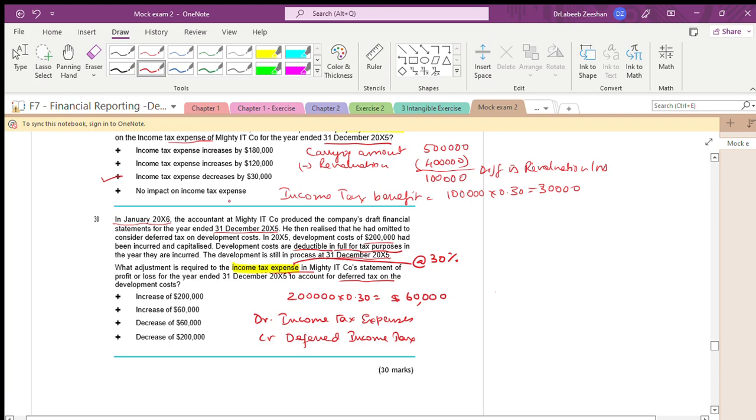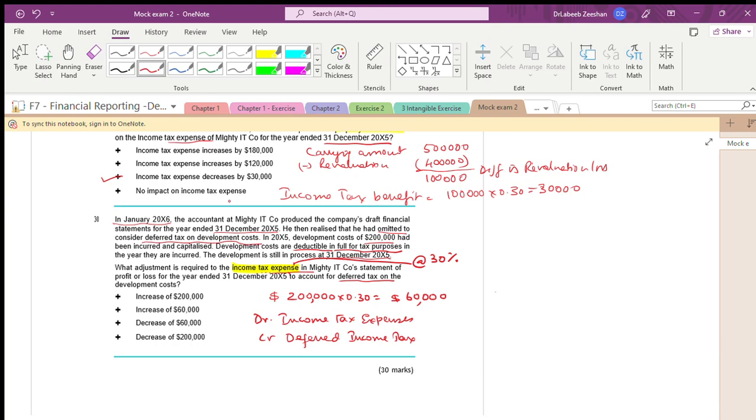You are paying how much? What is the development cost? 200,000. Is it right? Development cost is 200. What they said, he then realized that he has omitted to consider deferred tax on development.